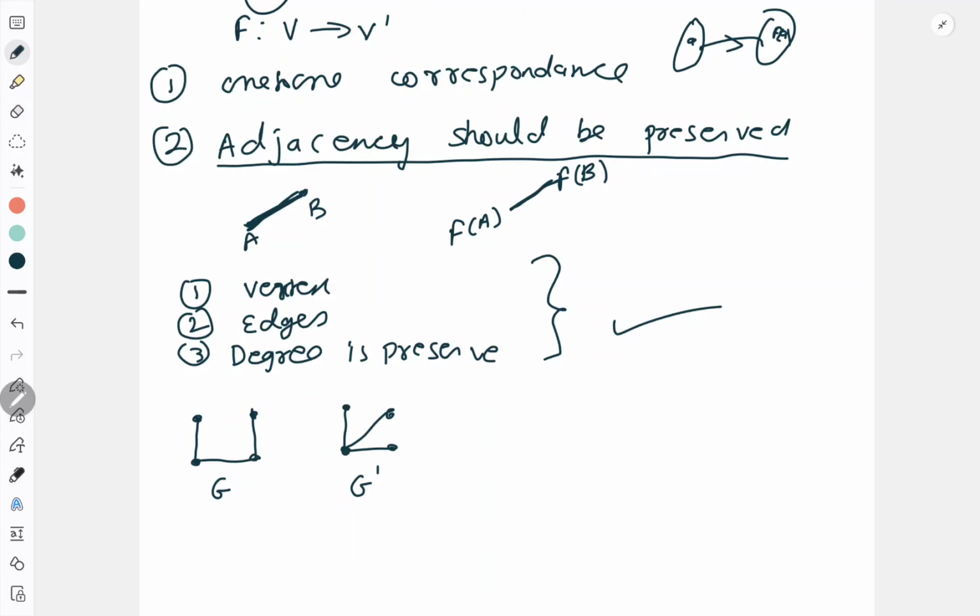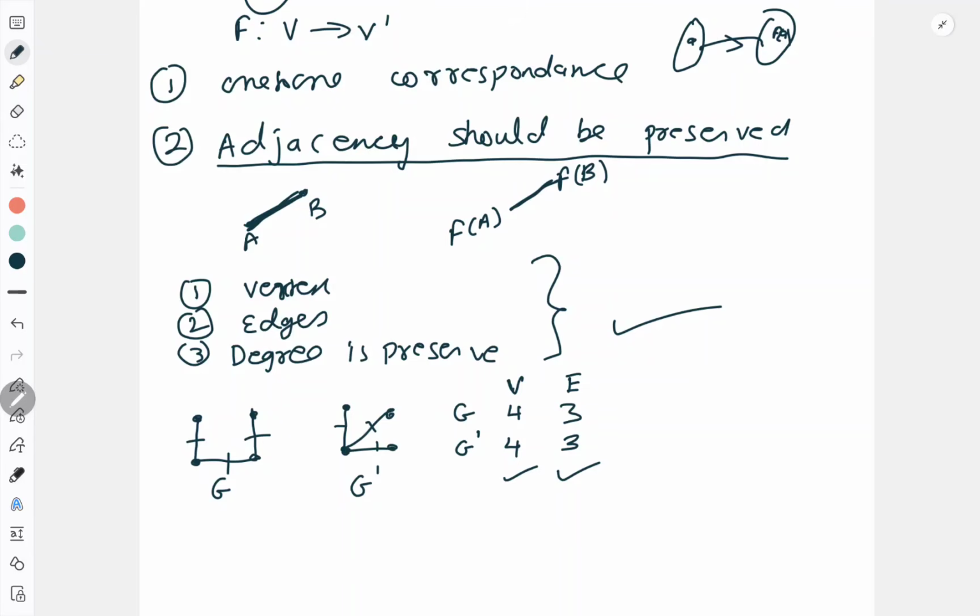How many vertices are there in G and in G dash? The vertices in G are 4 and the vertices in G dash are also 4. So the vertex concept is clear, no issue. Then I will count the edges. How many edges are there? 1, 2, 3. And in the other, 1, 2, 3. So this is also correct.